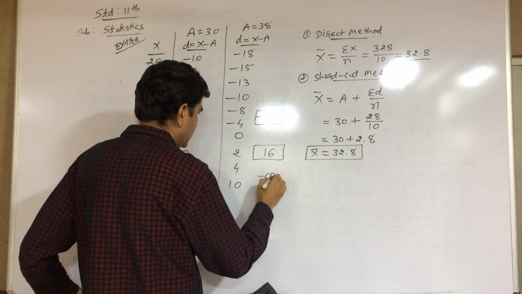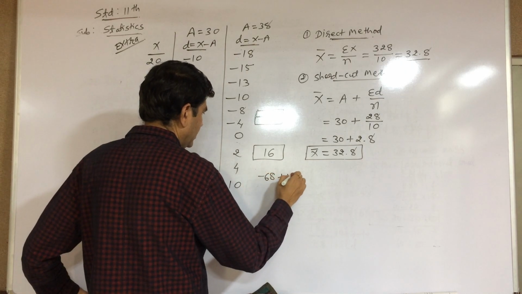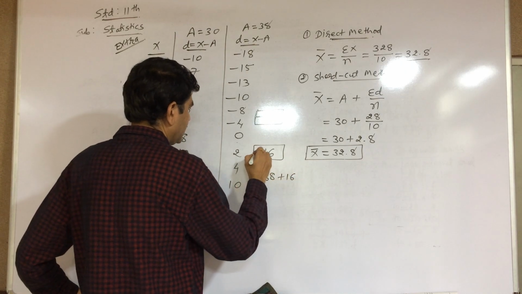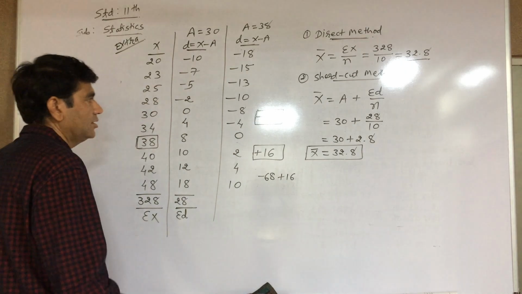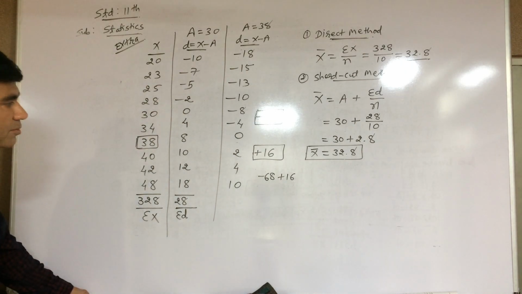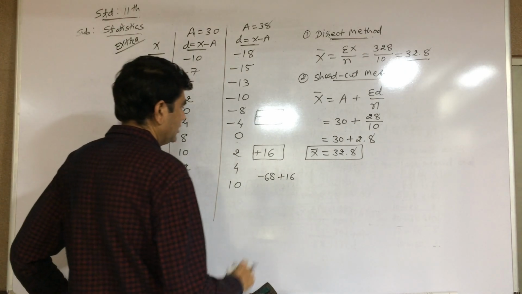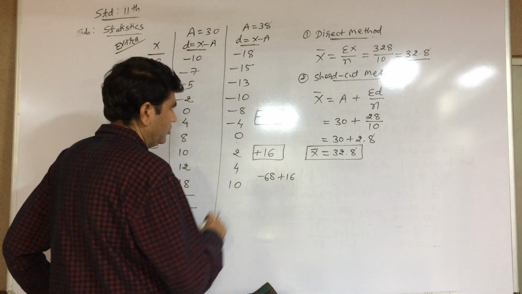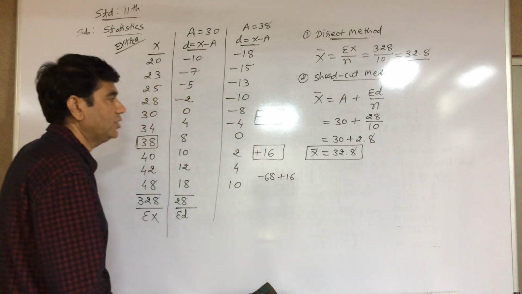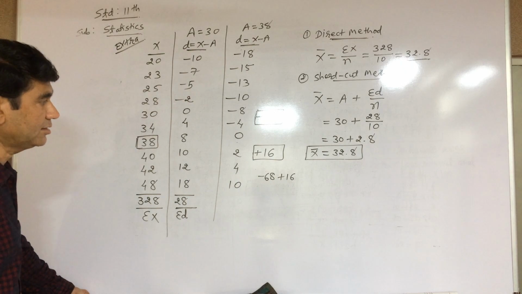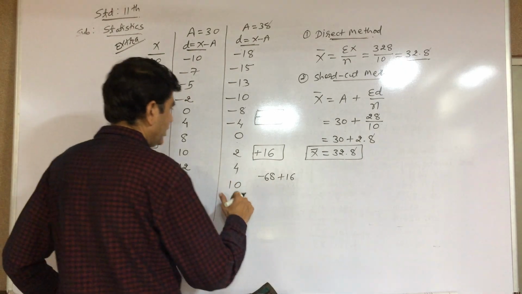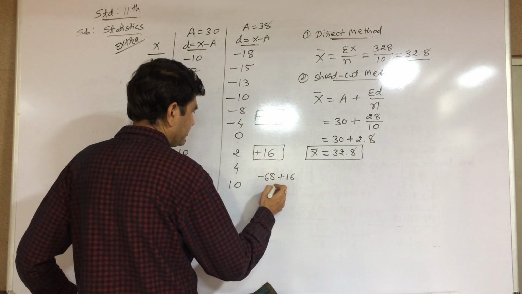So minus 68 and plus 16. This is plus data and this is negative data. So higher value minus lower value and sign of higher value. Now this time higher value is minus 68. Remember that.